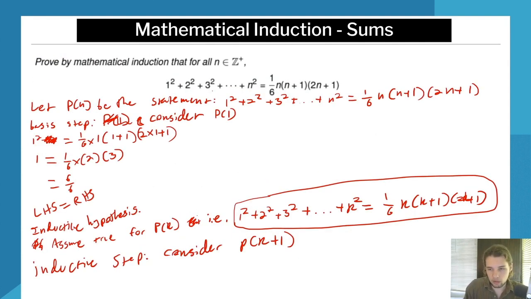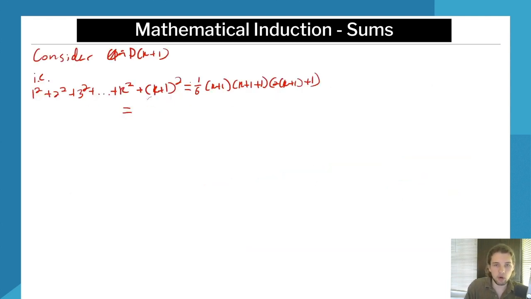I'm going to try to build this whole right-hand side as a component of this right-hand side here, and we'll see where that gets me soon. So this is (k+1), (k+2), and then (2k+3), all over 6.